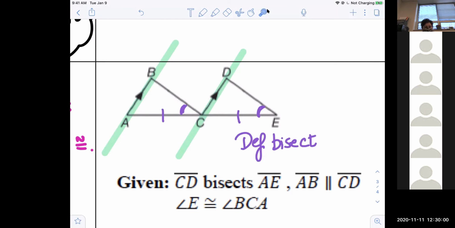So this one is BCA, but if you said angle C, I didn't know if that's that one, or this one, or that one. There's so many angles with vertex C. So angle E, I know exactly which angle you're talking about. There's only one angle that has a vertex of E. So that one we can just use one letter. But for the second one, you need to call it BCA or ACB.